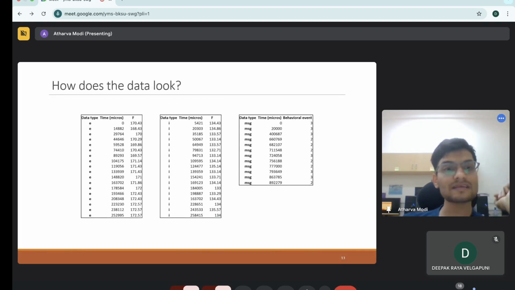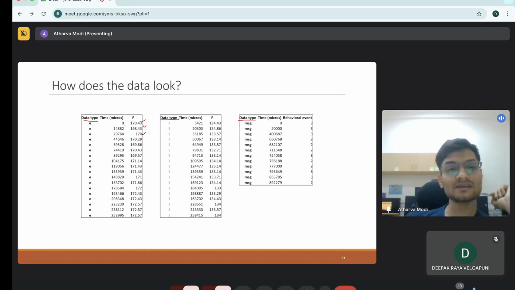We have the excitation signal here, E. We have the isosbestic signal here, and we have these behavioral events in the form of messages. There are different messages. The second column is time in microseconds from when you started the measurement, and this F value is the fluorescence that you measure for the different excitation or isosbestic wavelengths.